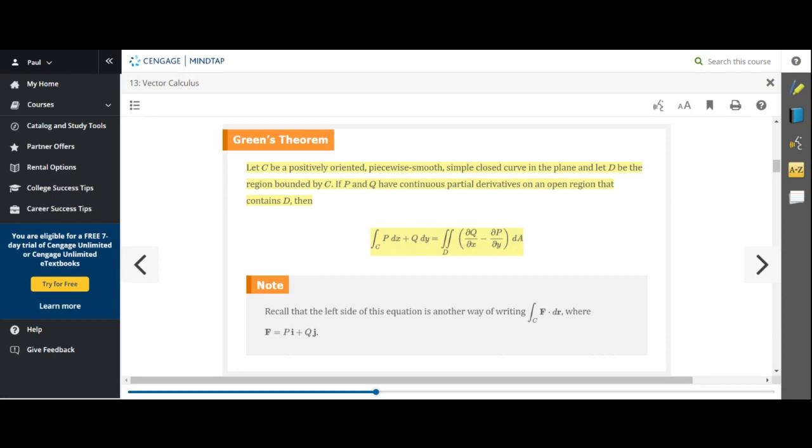When we wanted to show that a vector field was conservative, we would set those partial derivatives equal to each other. Well, in Green's theorem, if the partial derivative of Q with respect to x equals the partial derivative of P with respect to y, what then is the integrand going to equal?